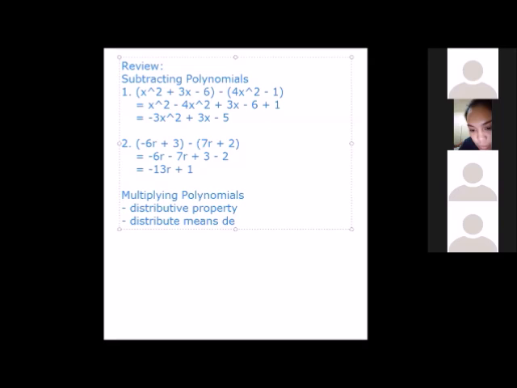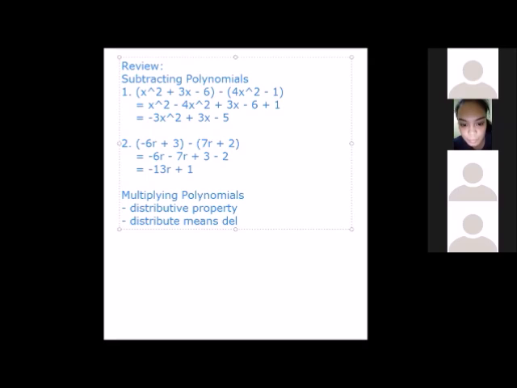Aside from the word distribute, starts with letters D, E, L. Jude, any idea? Ella, Hannah?